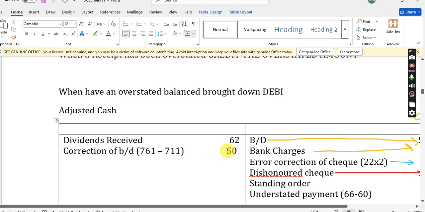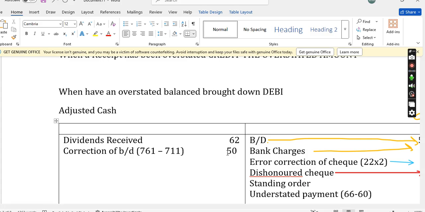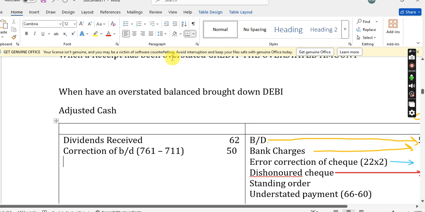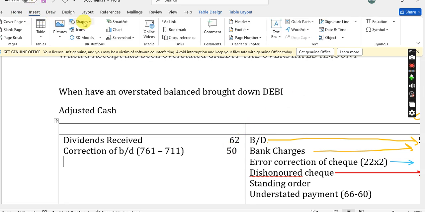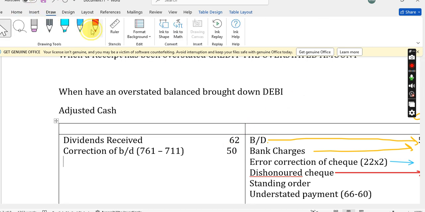If it was a receipt, then on the debit side we'll say 70 minus 20. Wait, let me just draw a T account so that everyone is following.